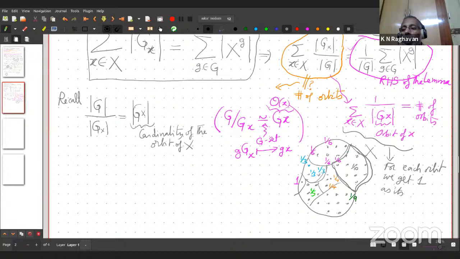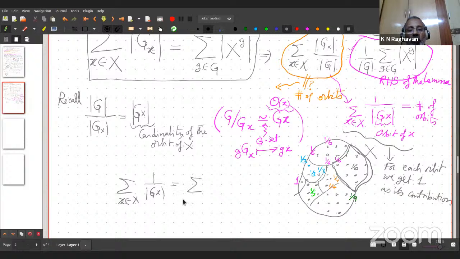If you want, you can more formally write this as, instead of the sum over X in X of 1 over the cardinality of the orbit of X, you can write this as the sum over all orbits O, sum over X in O, of 1 over the cardinality of O. Right?